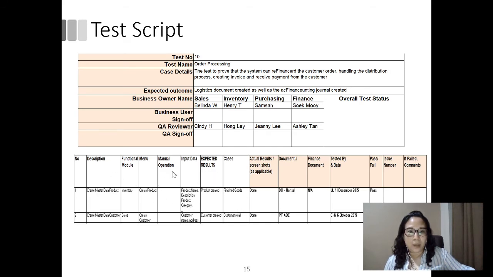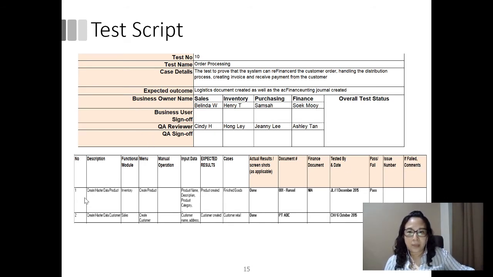The columns from column number until column cases need to be defined before the test is executed. Later on, the columns from actual result until if failed will be filled in when we do the testing execution.